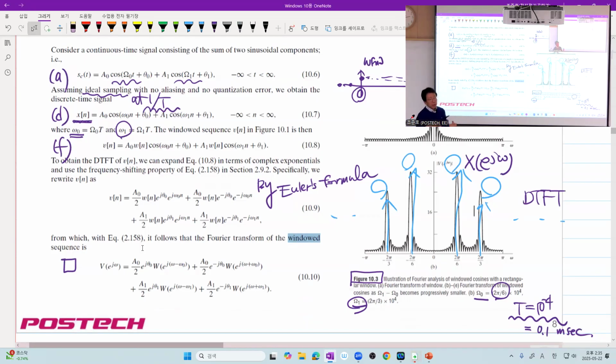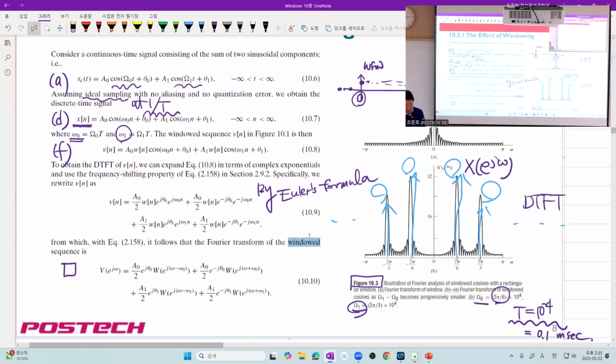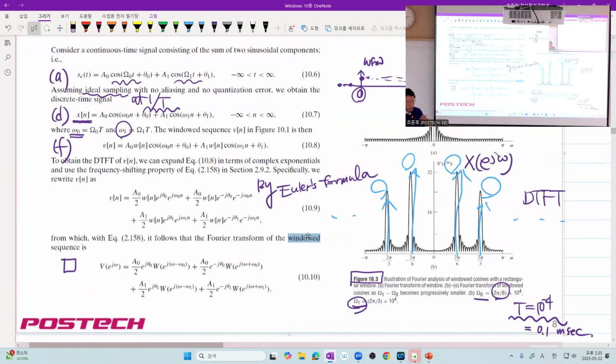Now, suppose we have used the, is it rectangular? Yeah, rectangular window or some general window function. Then what happens? This w of n multiplied by the cosine function, when it is Fourier transformed, becomes what?